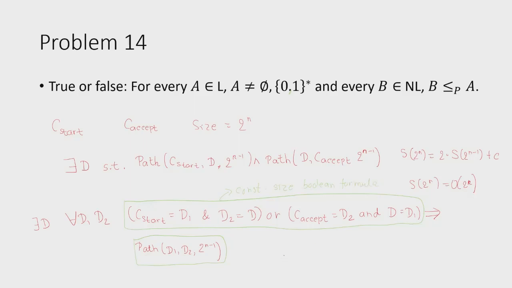So now what is this recursion relation over here? It's s of 2 to the n is equal to s of 2 to the n minus 1 plus capital O of 1, right?